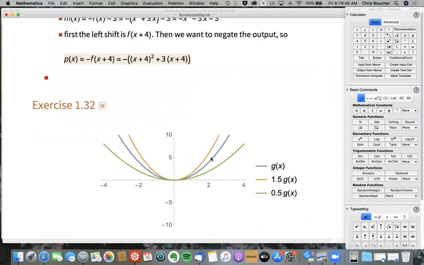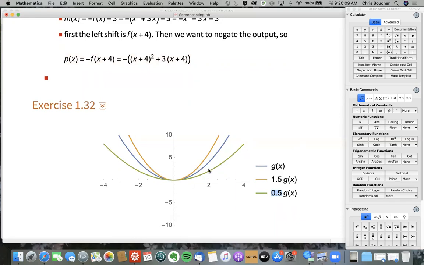The blue curve is the original g of x. If I multiply by 1.5, that's going to stretch up because the constant's bigger than 1. And so that's going to give me something like the orange curve, which is higher than g of x. And if I multiply by something like 0.5, which is less than 1, that's going to stretch down or compress and give me something like the green curve.